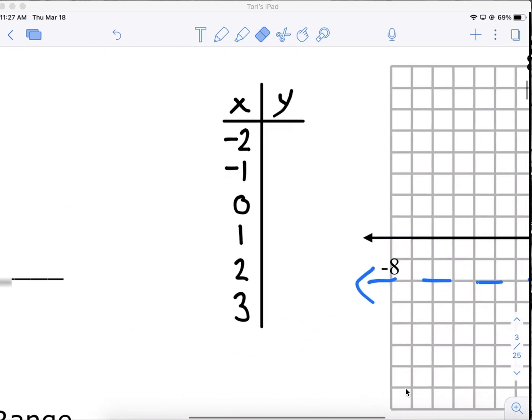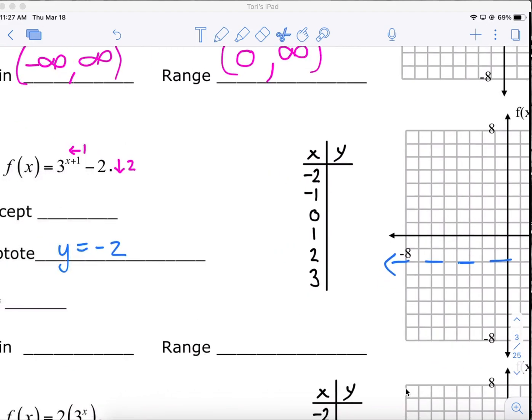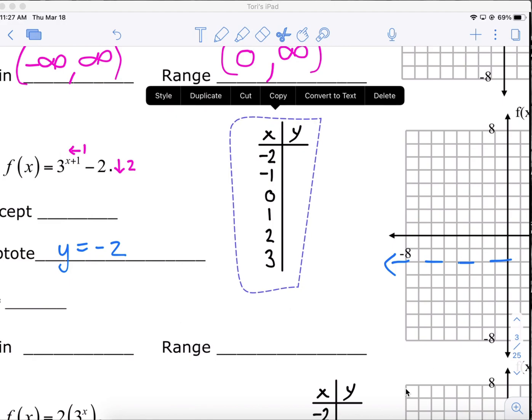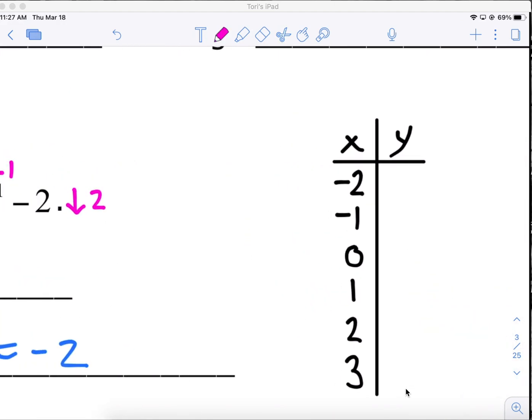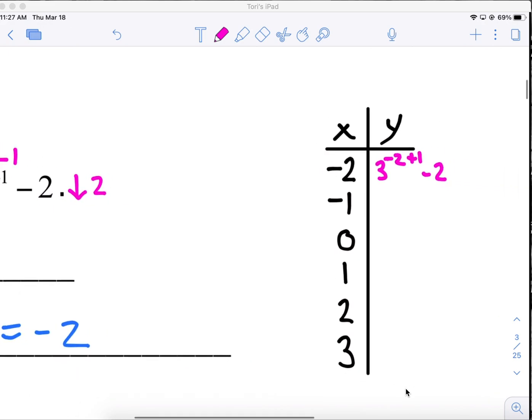Let's go back to our table. Move this just a little bit. All right, we're going to go 3 raised to the -2 plus 1. And then at the end, we're going to subtract 2 from it. So -2 plus 1 is going to give me a -1. 3 to the -1 would be 1 over 3.